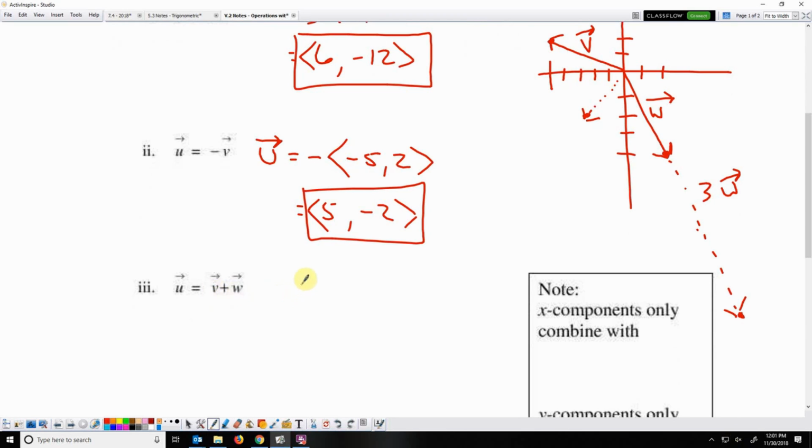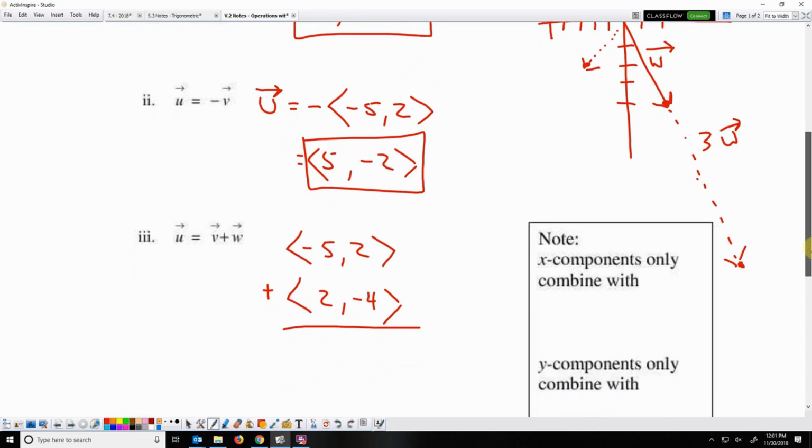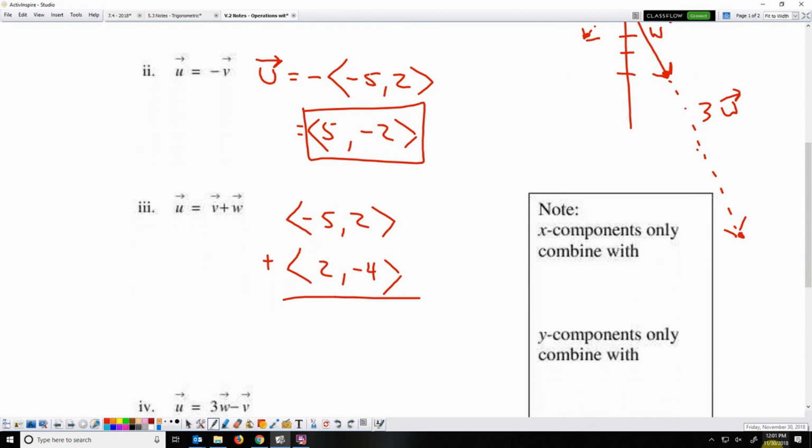But if we do it algebraically, we would just be adding the two vectors. So the vector v is -5, 2, plus vector w, which is 2, -4. And when we combine those, we get -3, -2.